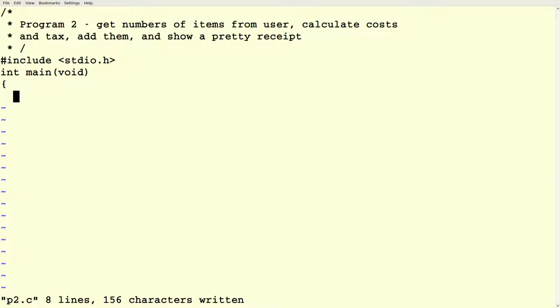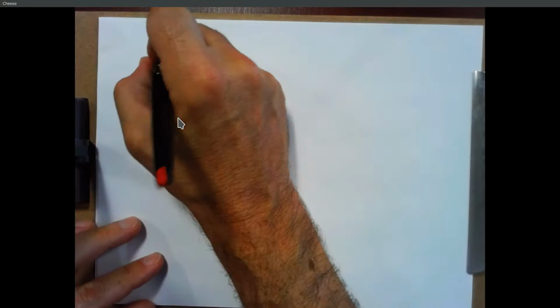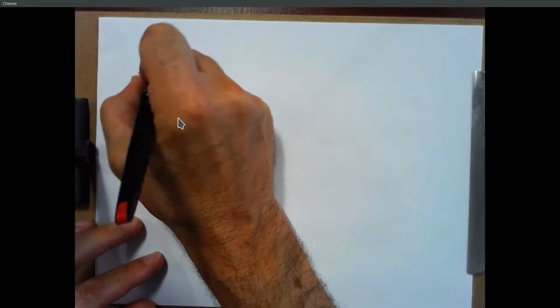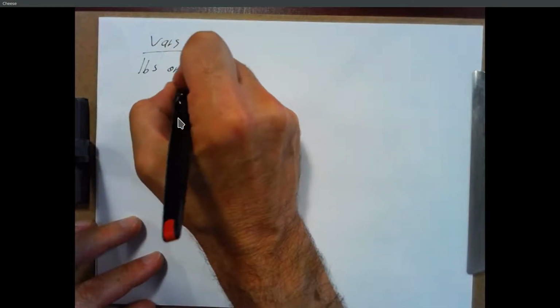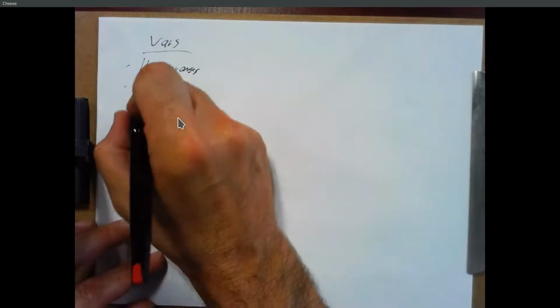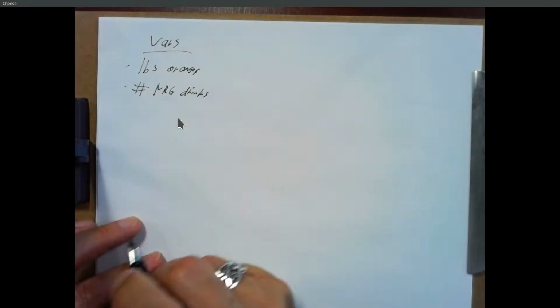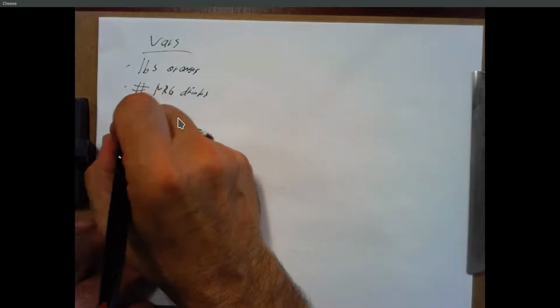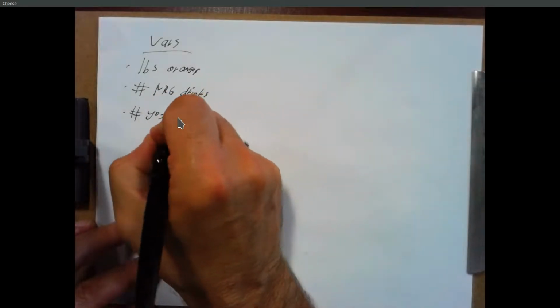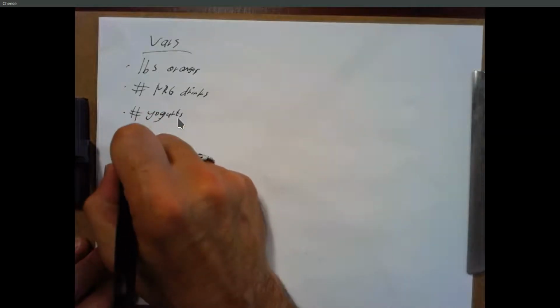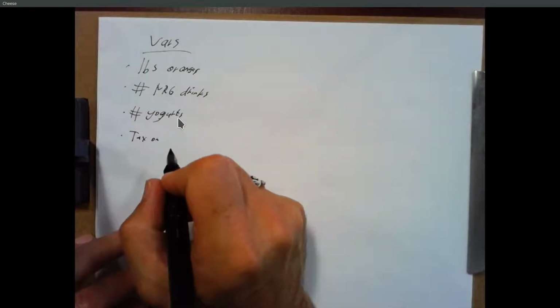So let's put in some variables. What names of variables do we need? What type of information do we need to record in this program or work with? So pounds of oranges, number of energy drinks, number of yogurts, the tax.